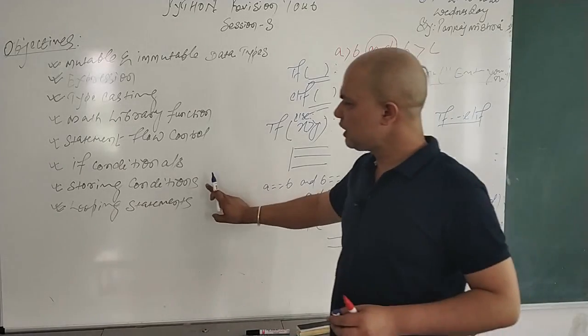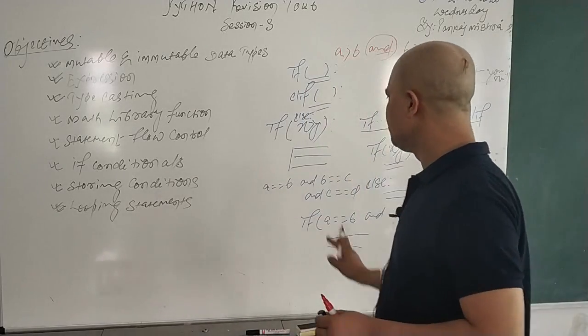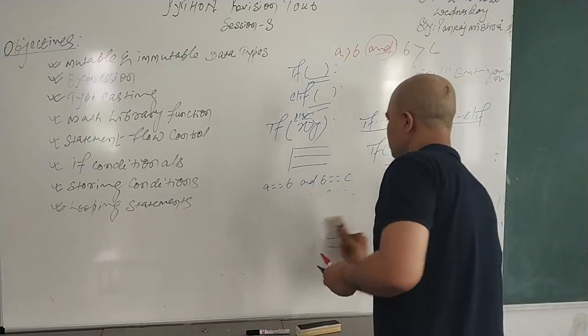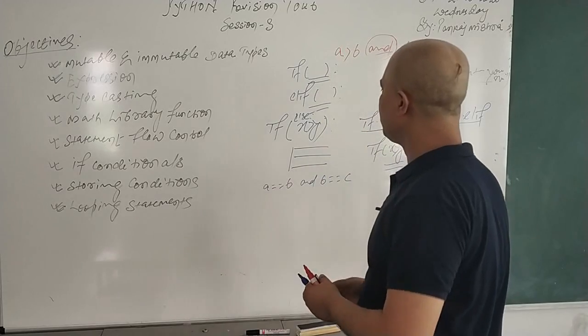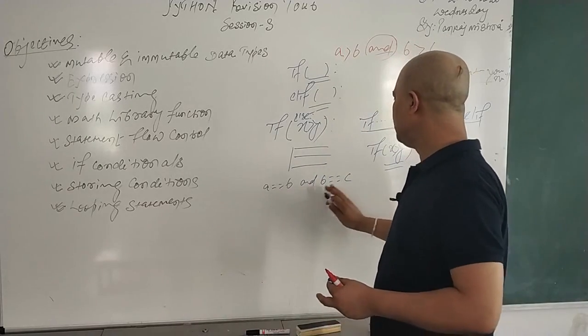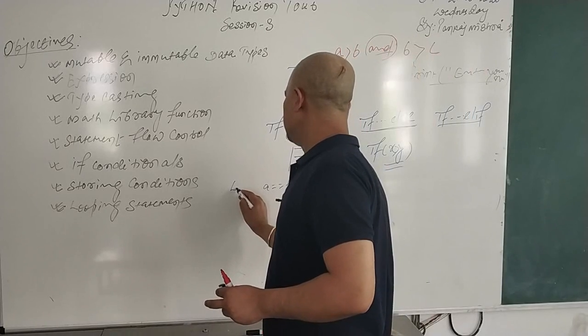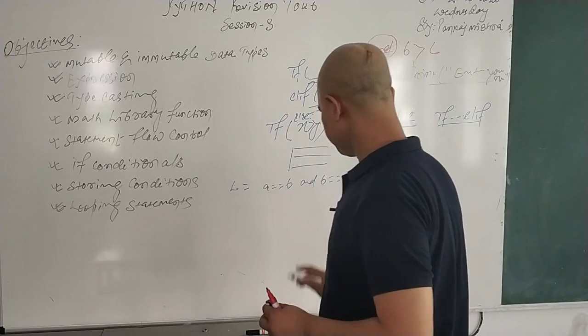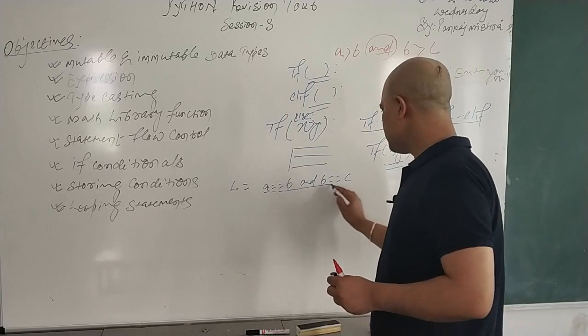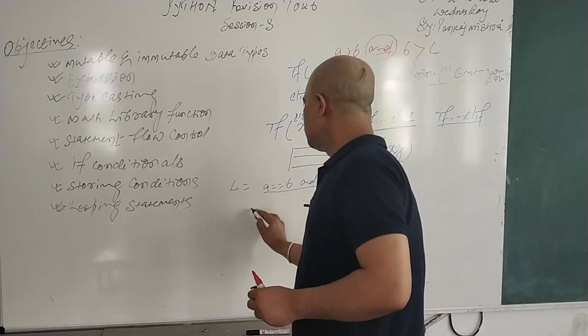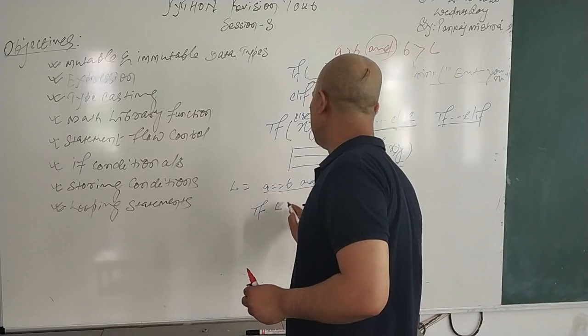But with storing conditions, you can store all this statement, whatever statement you want. For example, if A equal to B and B equal to C, these are the two conditions that I will check. Say, suppose L equal to this. It means both statements that you want to check are stored in L. Now simply you can say if L then colon.